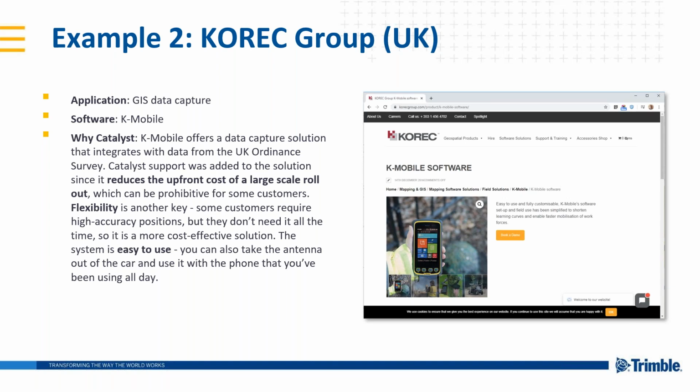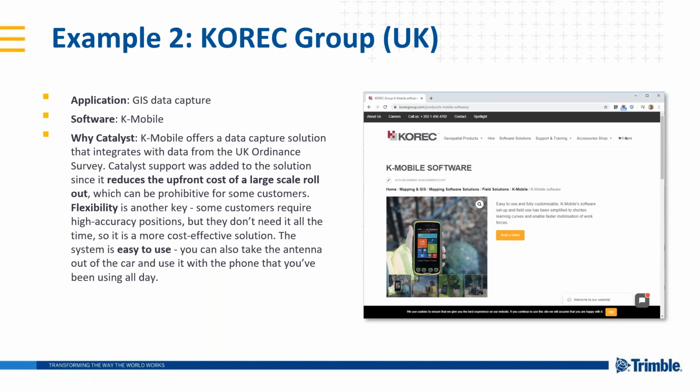With large organizations, the upfront cost of a rollout can be prohibitive, depending on who it is and what they're doing and what their business model looks like. So reducing the upfront cost was an important factor in adding Catalyst to their solution.